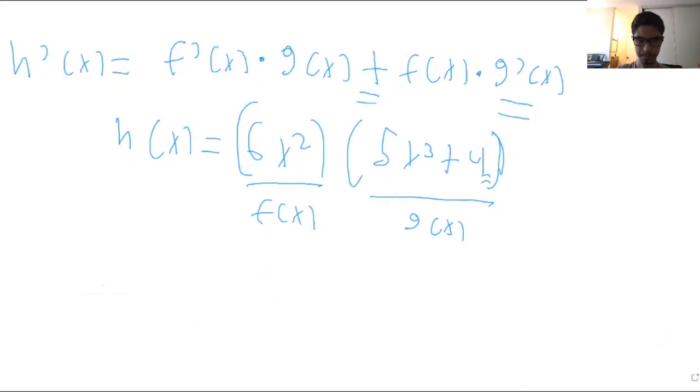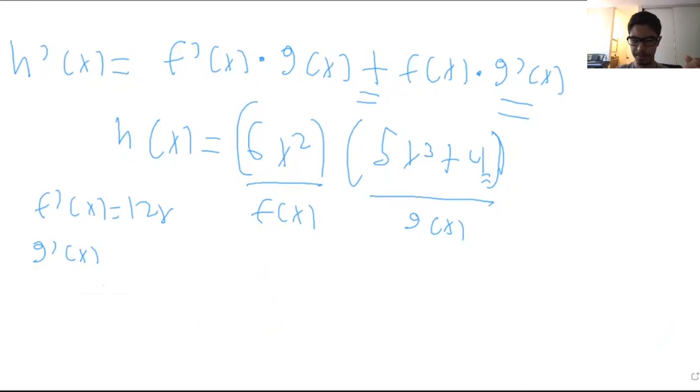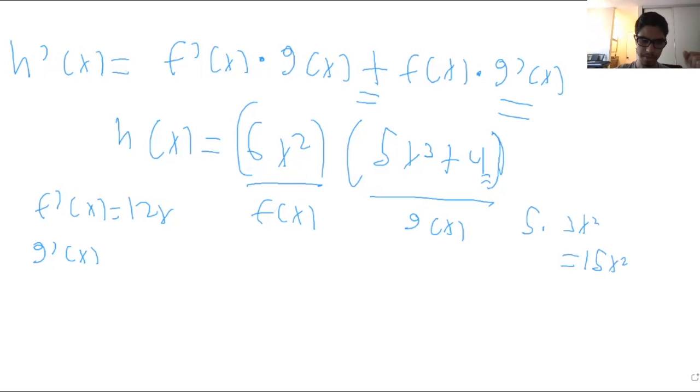So again, let me write this out. f prime of x was 12x, correct? And then g prime of x was, and I forgot to multiply the 3 by the 5, but that would have been 5 times 3x squared. My apologies. That would be 15x squared. So g prime of x was 15x squared.